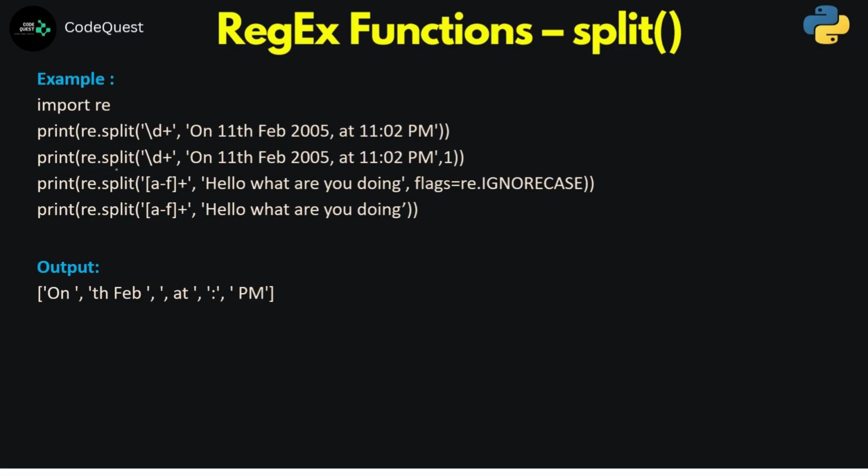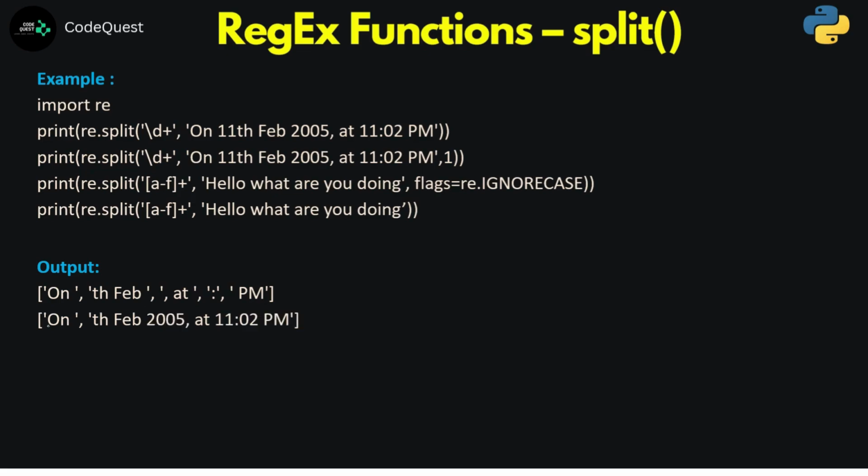Now in the second line, we are calling the same split function once again with the same pattern and the same string, but the only change is that I've specified 1. As we said earlier, when I specify some maxsplit value, suppose 1 here, it is going to give me 2 items in the list.